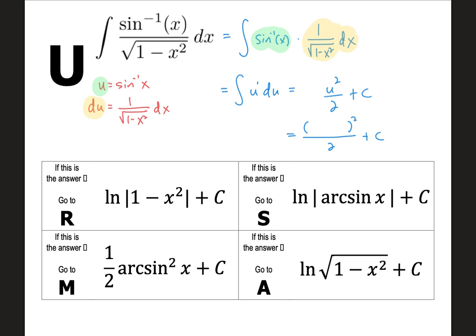Okay, so now instead of u squared over 2 plus c, this is going to be sine inverse x squared over 2 plus c. All right, and since sine inverse, sine negative 1, is the same as arcsine, it just ends up being this.